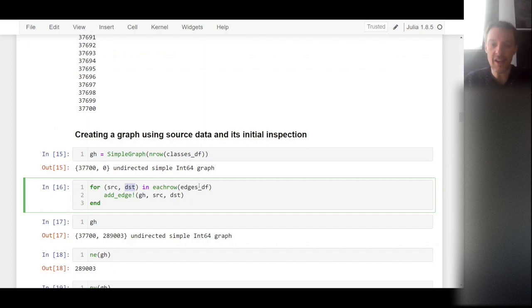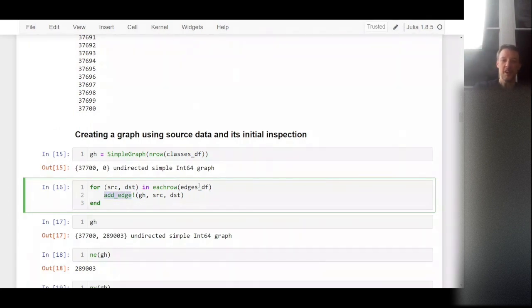And here is something relevant to the question from the audience: I say source and destination, but I could reverse it or call them AB or XY or whatever, because it doesn't really matter who is the source and who is the destination. By convenience, usually you say that one end of the edge is the source and the other is the destination, but you just remember whether this is indeed a one-way or two-way relationship.